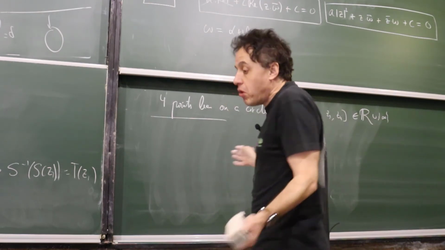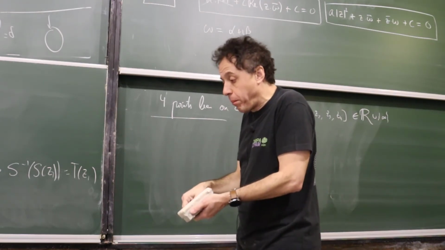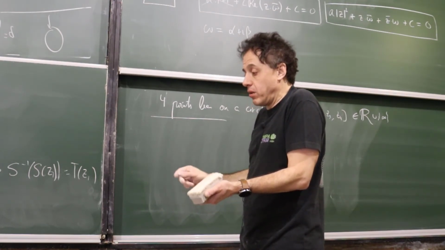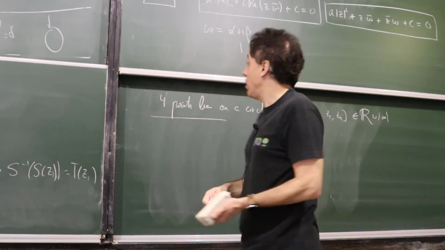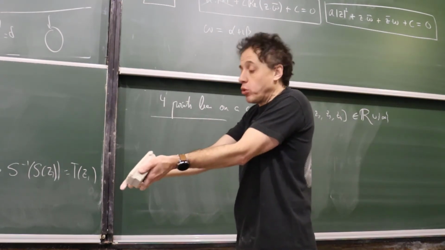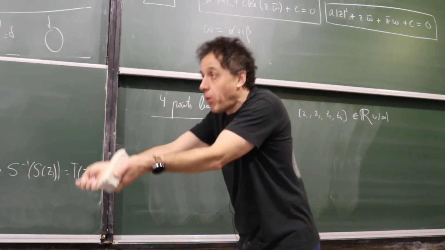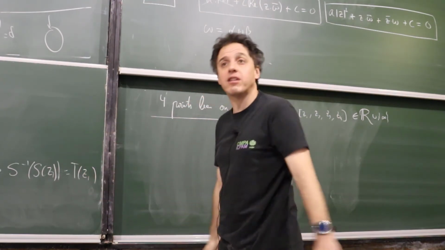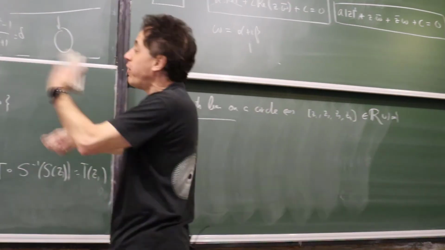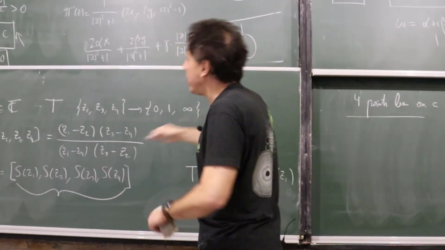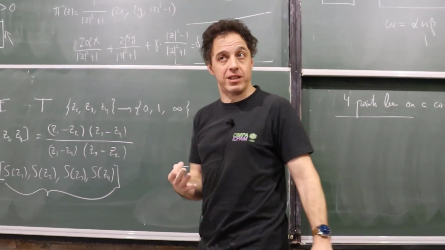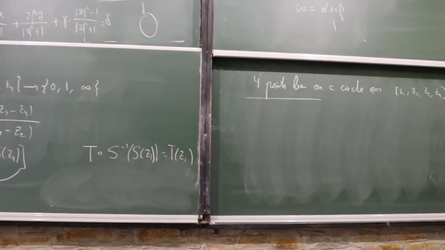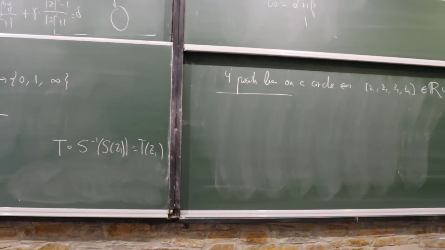If you know this is true, you take 4 points that are on a circle, and the cross ratio of the images must be real, so the 4 points must also be on a circle. So this means that the circle is transforming into a circle. So these are different ways, different orders, of proving the results. Okay? But what is important is, of course, the result.